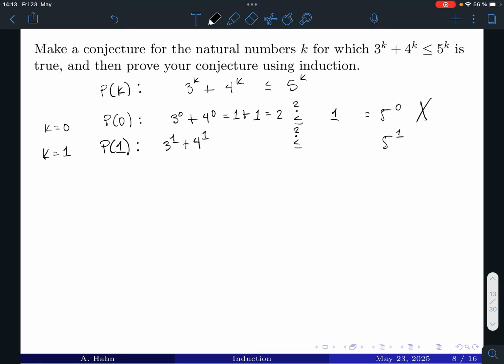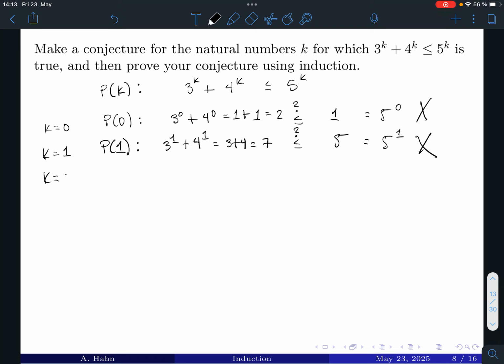And 3 to the 1 is 3. 4 to the 1 is 4. So this is 3 plus 4, equal to 7. 5 to the 1 is just 5. And is 7 less than or equal to 5? No, it is not. So this is an x, and that one's not true.